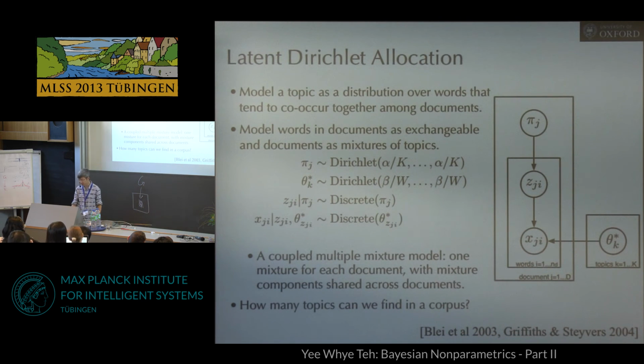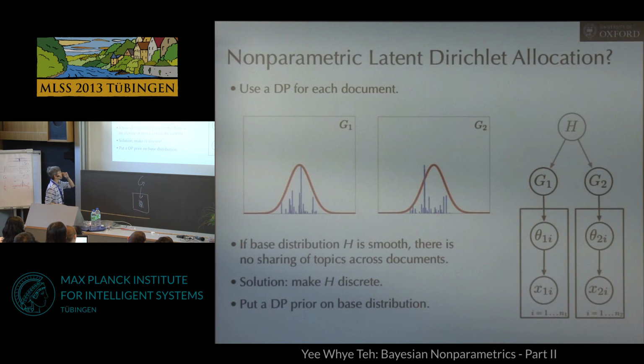Okay, so it's going to be a smooth distribution. So the collection of topics are going to be the atoms in this Dirichlet process, and here we're going to have another collection of topics. Now, because the base distribution is smooth, the collection of topics in here will be disjoint from the collection of topics over there, right?